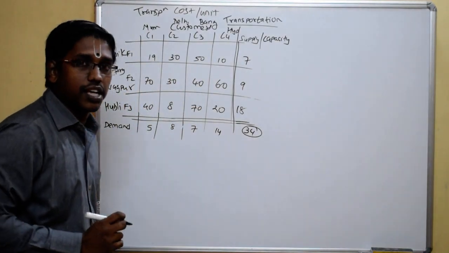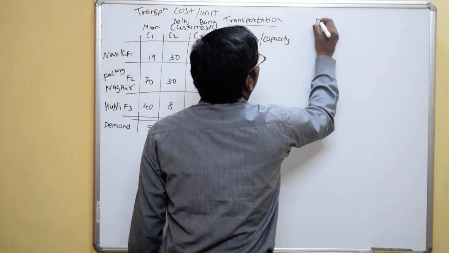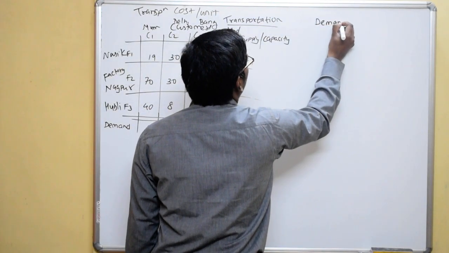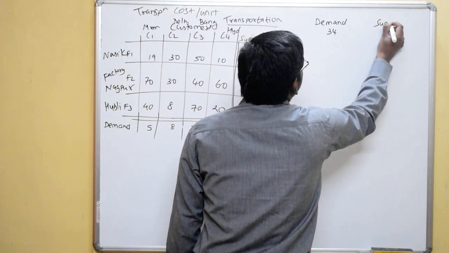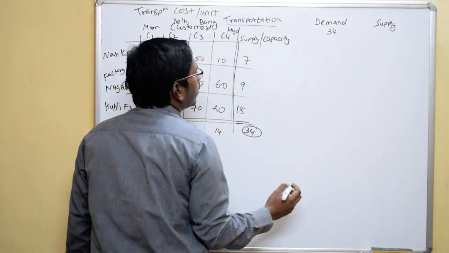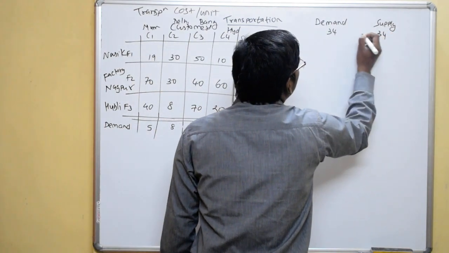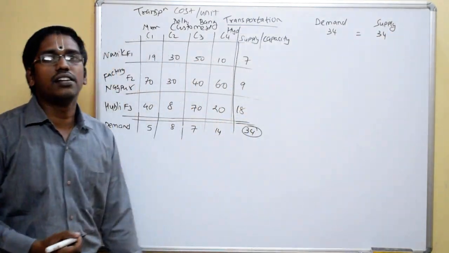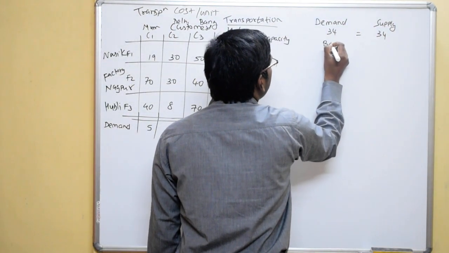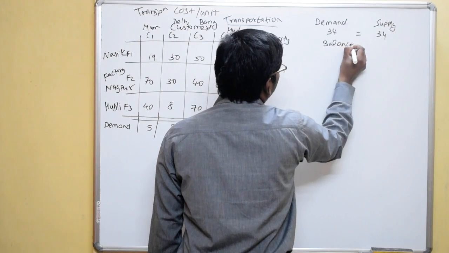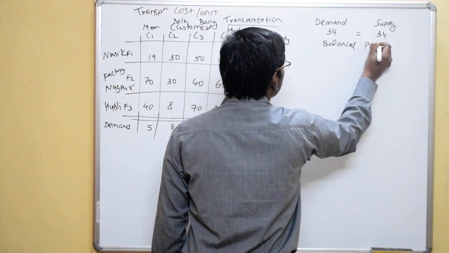So what you see in this particular numerical is that the total demand from all customers is 34 and the total supply from all the 3 factories is also 34, which means the demand is equal to supply, which means we call such a numerical a balanced problem.